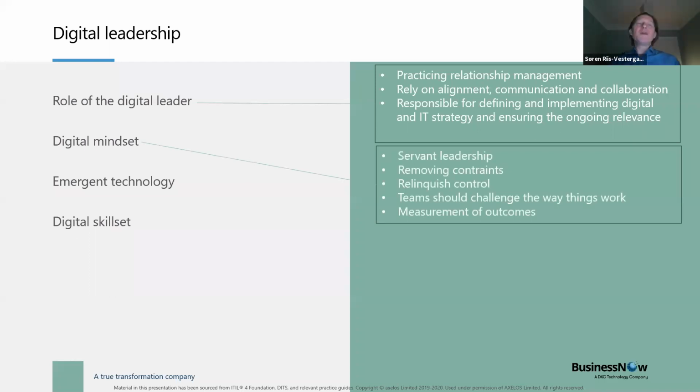And to be a successful digital leader, it's a requirement that we have a digital mindset.